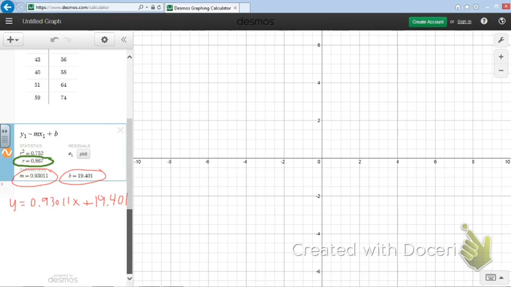So if we wanted to know what happens if x is 70, would that equation be a good indicator of an accurate value for y? And the closer it is to 1, the better it is. But that's our correlation coefficient. So it's pretty close to 1. So that's a strong correlation.